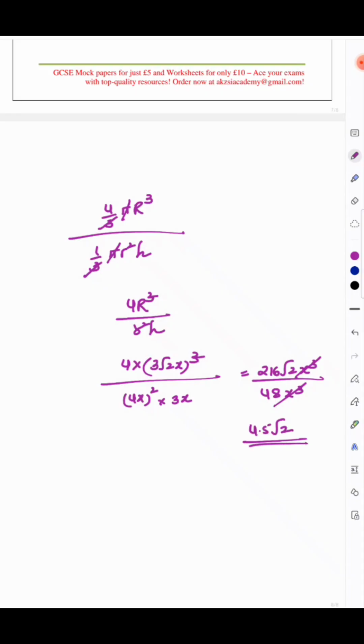And if I keep it in terms of fraction, I can write 45 over 10 √2, which is 9/2 √2. So the ratio can be 9√2:2. That would be your final answer.